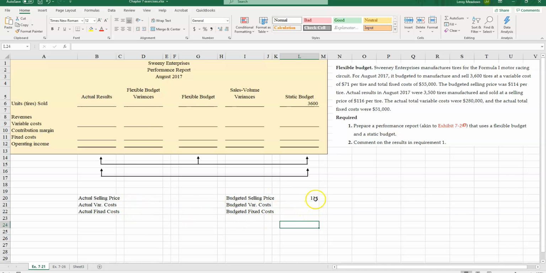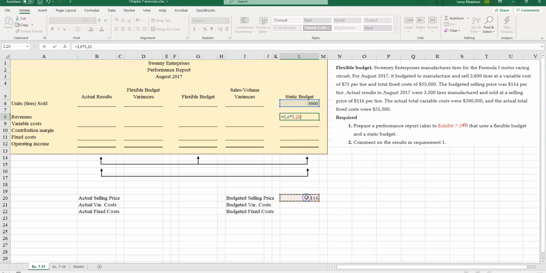So my budgeted selling price was $114, and I was going to sell 3,600 units. So how much revenue was I going to create? Well, 3,600 units times $114 sales price per unit. That should give me $410,400 of revenue.